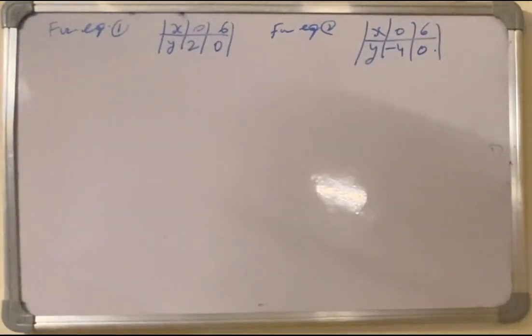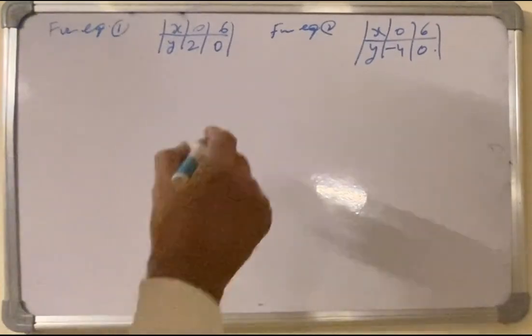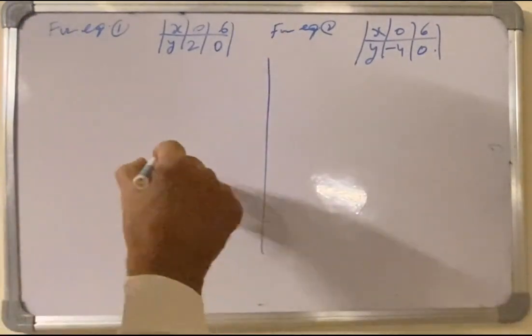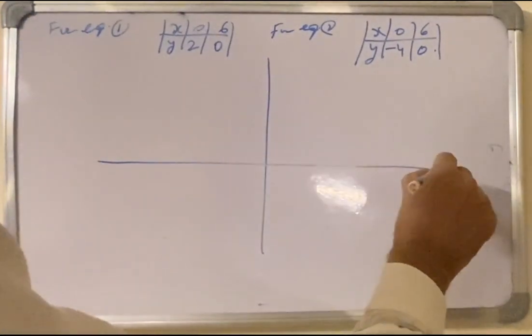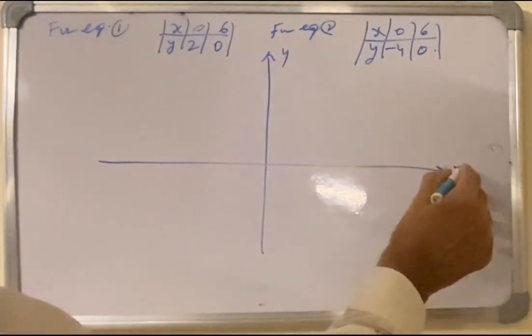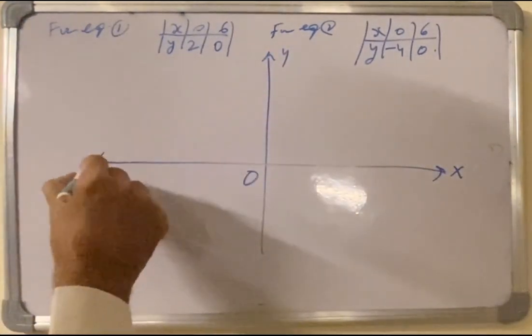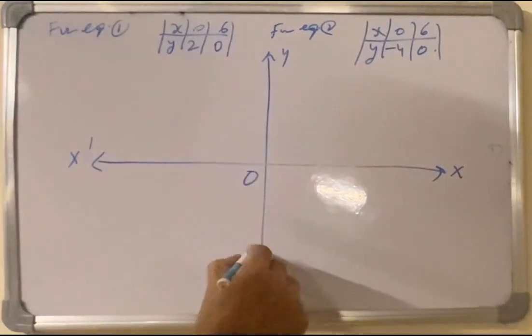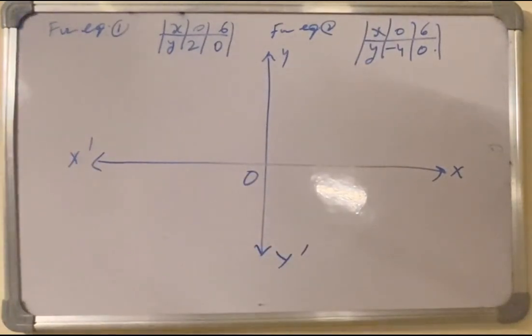We draw these points on the graph. X O X dash, Y O Y dash.